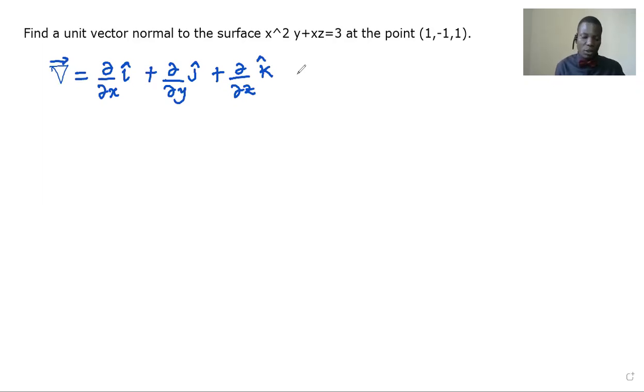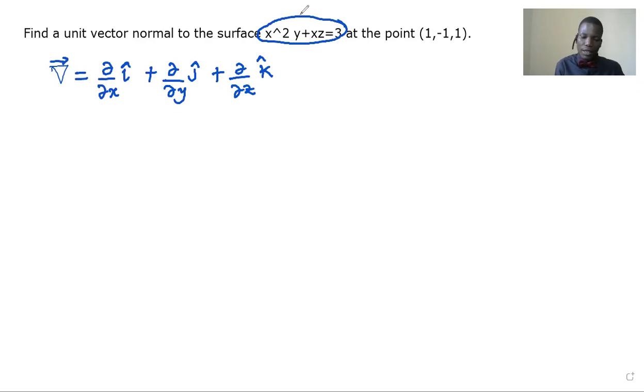This is in 3 dimensions. So this is how a Nabla operator is defined. This operator is going to operate on this scalar and change the face of the scalar once it is operated on.